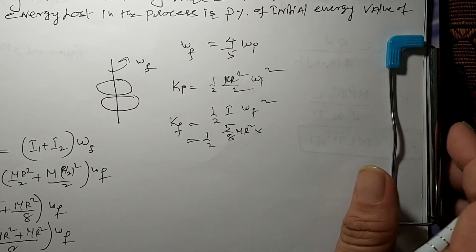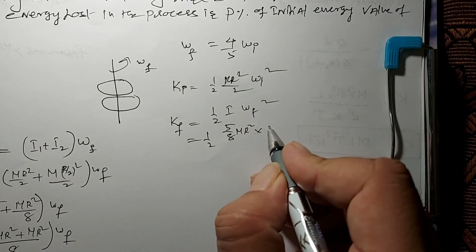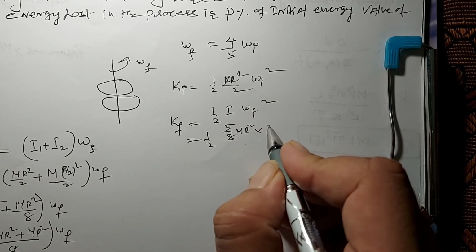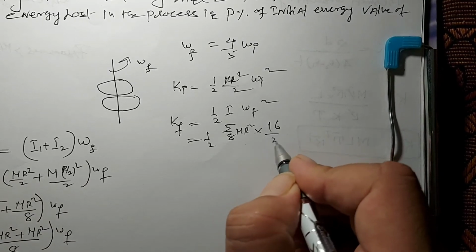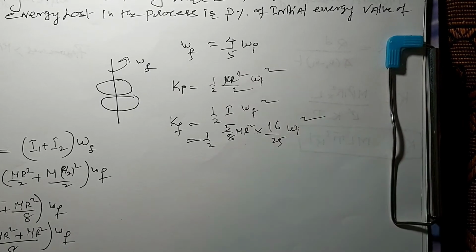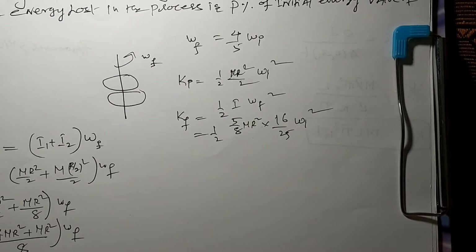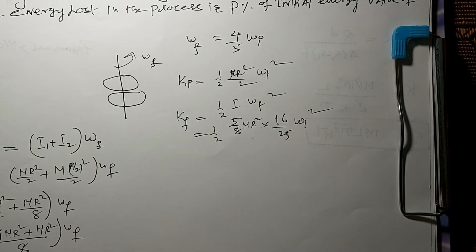Omega f square is equal to how much here? 4 by 5 omega I square, so that is equal to 16 by 25 omega initial square.